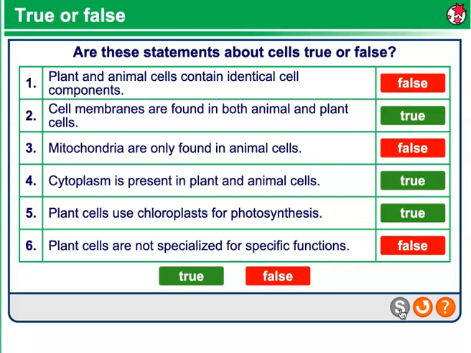We find mitochondria both in animal and plant cells. Cytoplasm is present in plant and animal cells. That's true. Plant cells use chloroplasts for photosynthesis. This is also true. And plant cells are not specialized for specific functions. This is false. Plants also have specialized cells for specific functions.